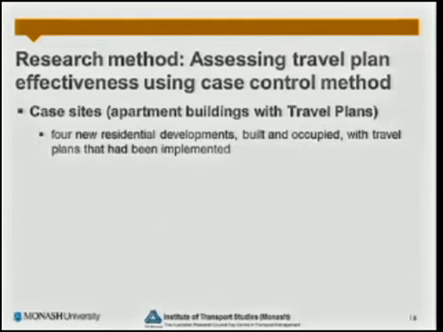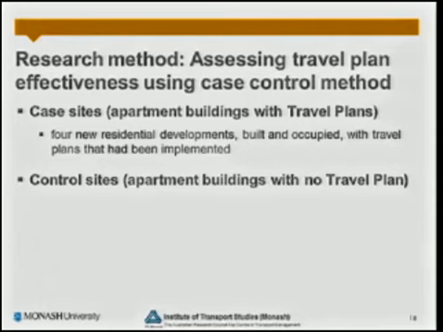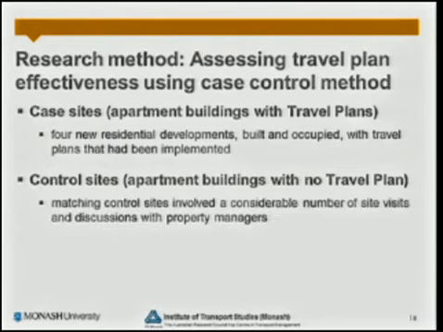They were 4 new residential developments built and occupied, and the travel plans had been implemented at those sites. The control sites were located nearby. They were also apartment towers that had no travel plan associated with them.